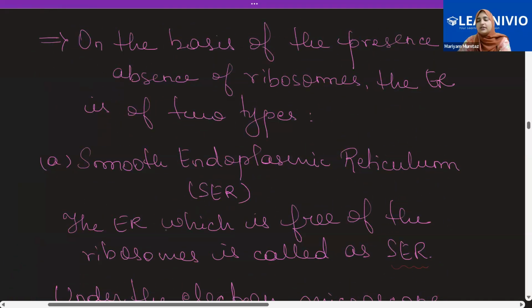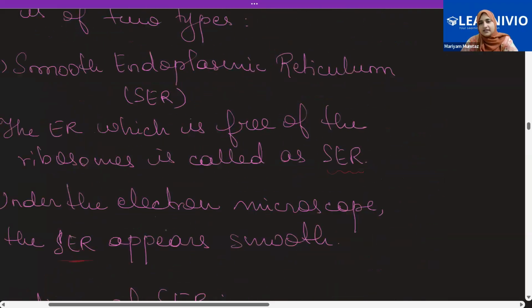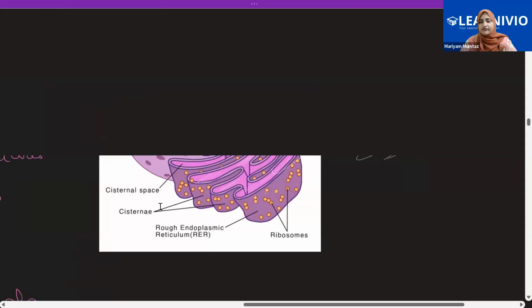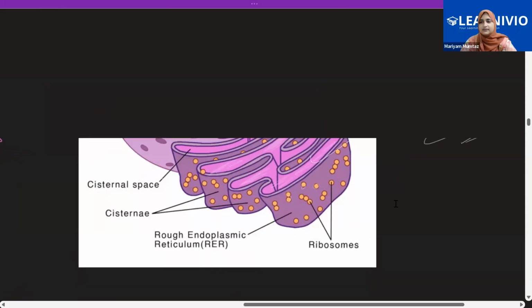When we talk about the smooth endoplasmic reticulum, this is how it looks. It is not going to have any ribosomes present on it. Can you tell me the function of ribosomes, students?